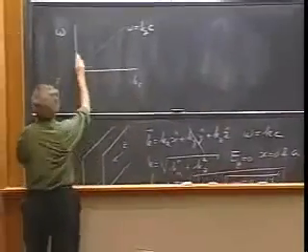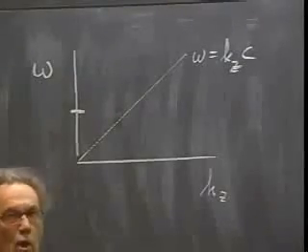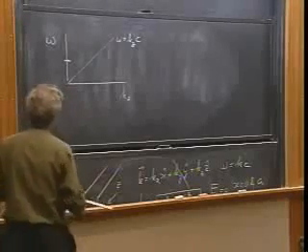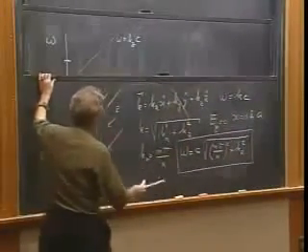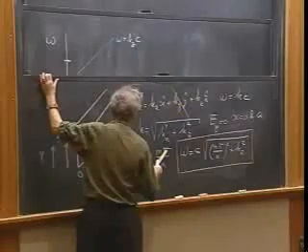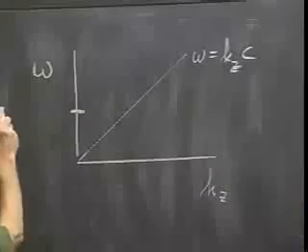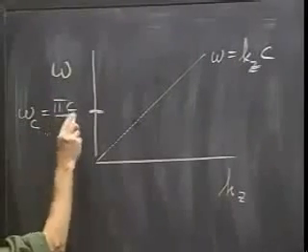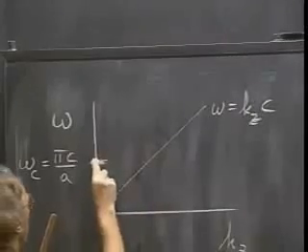And so now you have here a frequency which is the lowest frequency possible for which radiation can actually go between the plates. This is the case for m equals 1, and omega is then c times pi divided by a. So that is the cutoff frequency, pi times c divided by a. If I plot that curve, you get something like this.